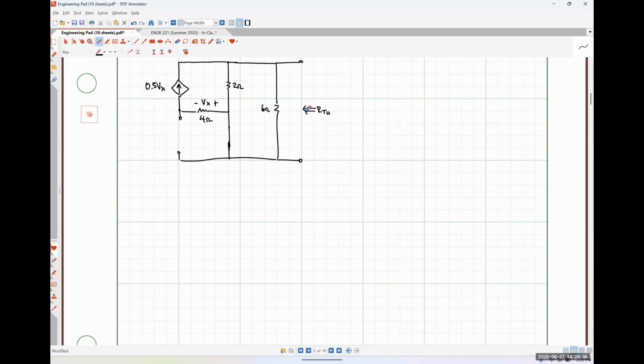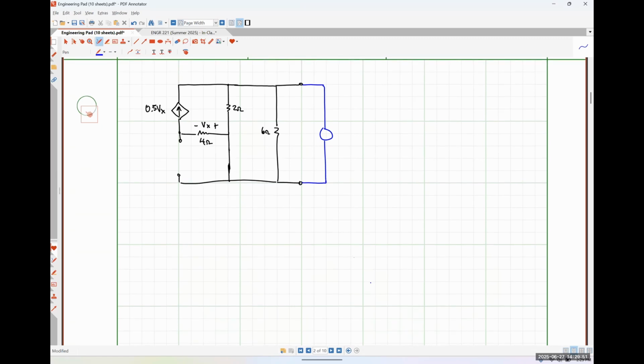Across the terminals of this network, I'm going to apply a source, and we'll decide what that source is in just a moment. But what I'm interested in is this voltage, V test, and this current, I test.